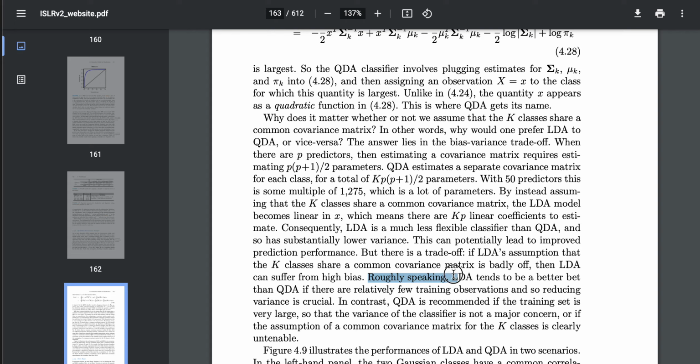So roughly speaking, LDA tends to be a better bet than QDA if there are relatively few training observations. Why? Because when we have relatively few training observations, the amount of information available in the data has a limit, and there is not much here.